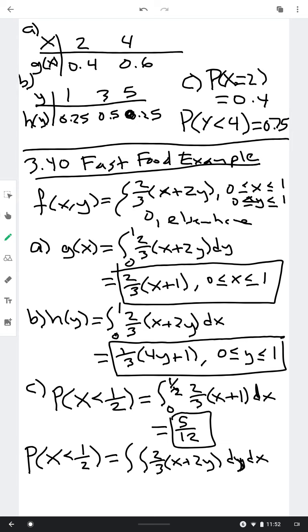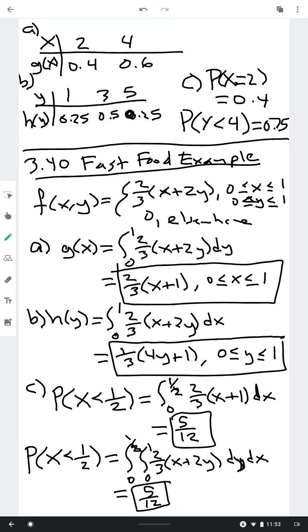And here I want to integrate over all the y's, because they don't tell me what the y's are, so I'm assuming I'm going to have to integrate over all the y's that I can. But x is restricted from 0 to 1/2. And I get exactly the same thing, which is 5/12.